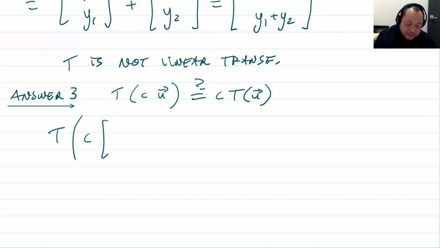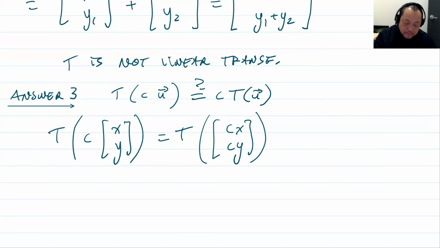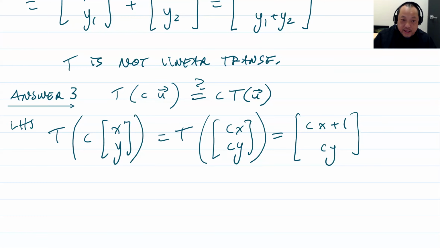T of c times some arbitrary vector (x, y): constant times a vector, I multiply the constant times every single entry in that vector. And by the definition of T, I'm adding 1 to the x position and leaving the y position alone. The left-hand side of property 2 is that.